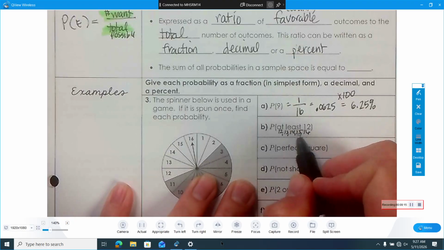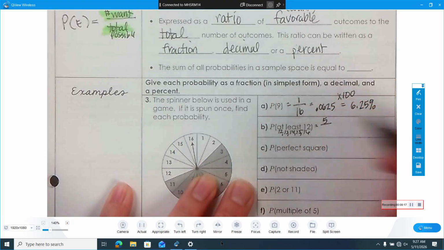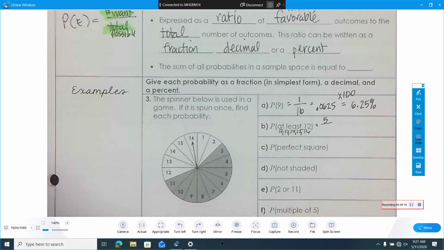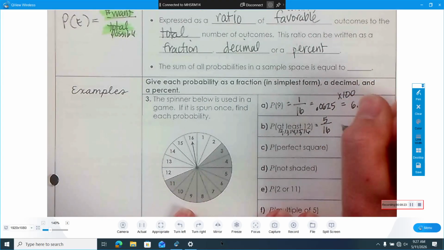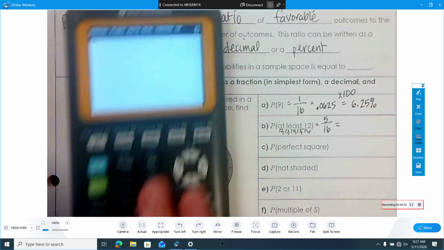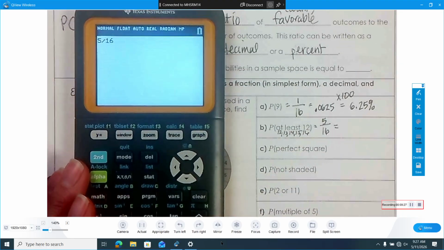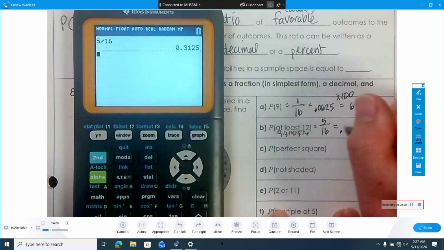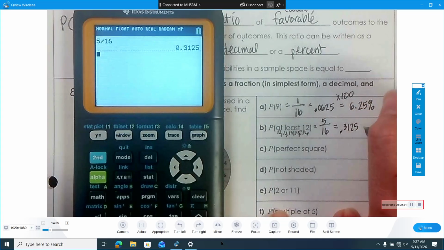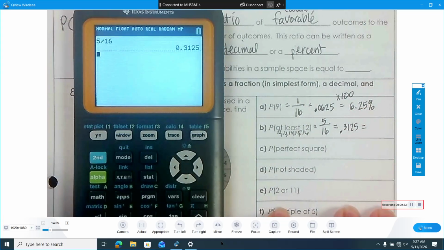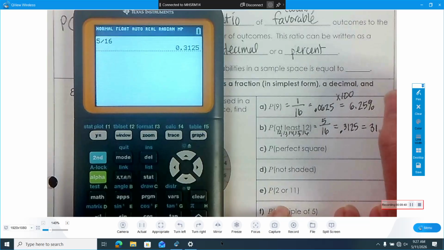Yes, 1, 2, 3, 4, 5 winners out of how many possible choices? Out of 16. 5 out of 16. Let's see, 5 out of 16 is 0.3125. What is that as a percentage? 31.25%.